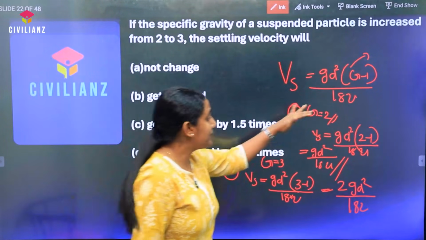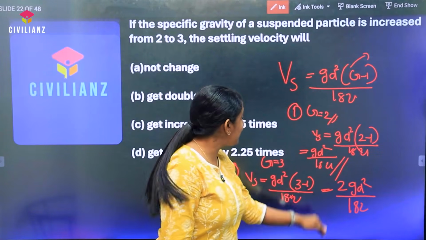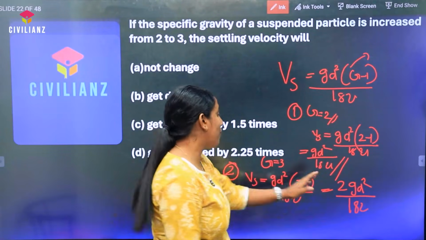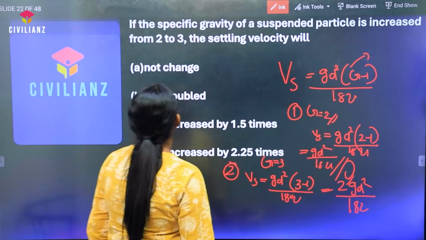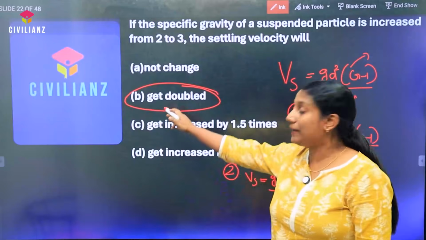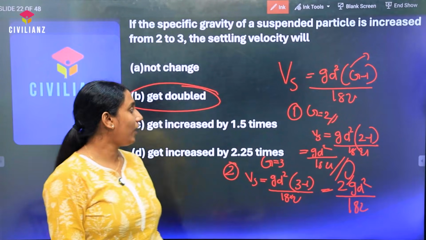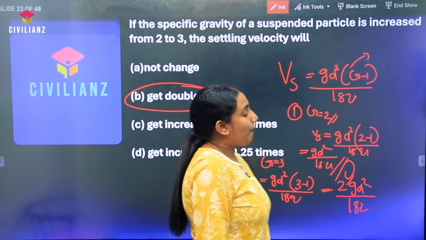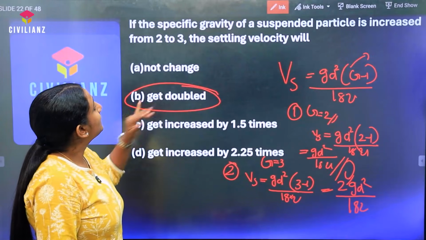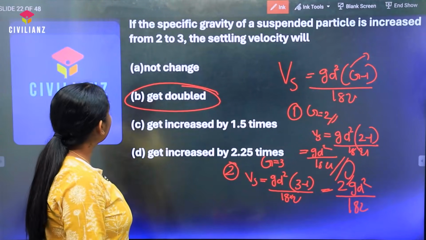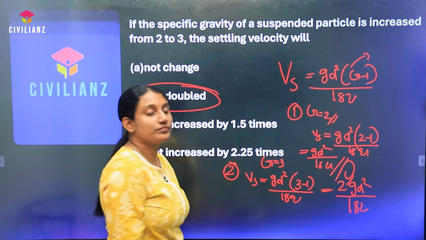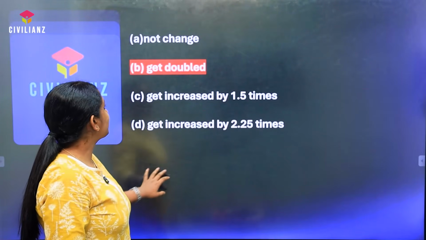In the first case, g d square divided by 18 mu; in this case, 2 g d square divided by 18 mu. So the value gets doubled. Then option B is the correct answer: going from 2 to 3, the settling velocity gets doubled. So can we go to the next question?